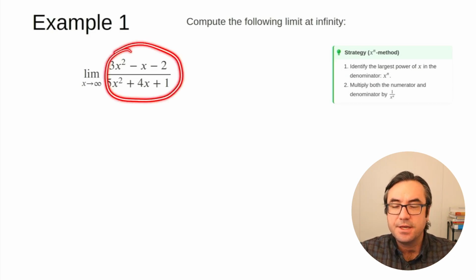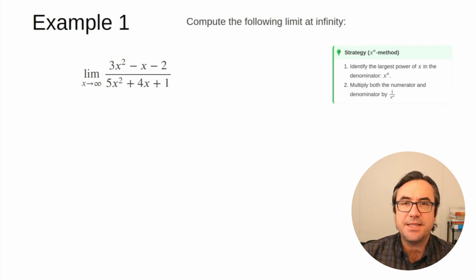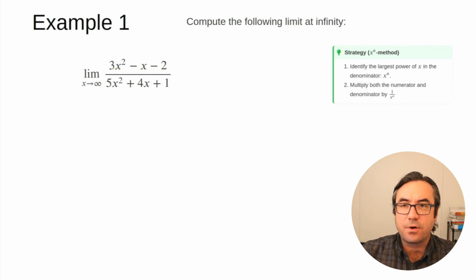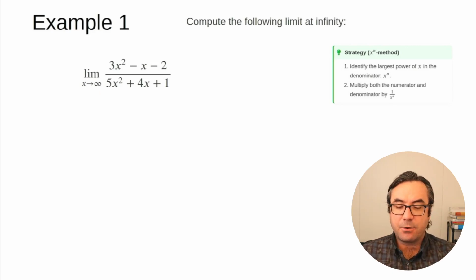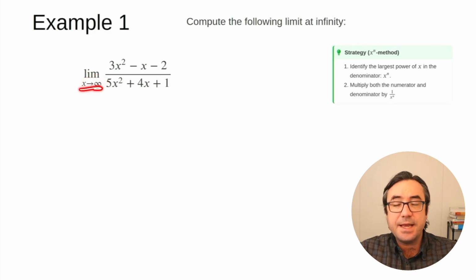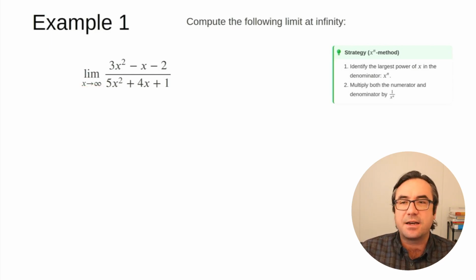Our function here is 3x squared minus x minus 2 divided by 5x squared plus 4x plus 1, and we're interested in what happens as x goes to infinity. How are we going to do this? This is a fundamentally different type of limit, because we can't just plug in infinity. Infinity is not a number, so we can't evaluate this function.